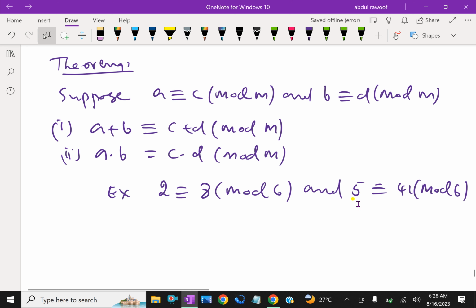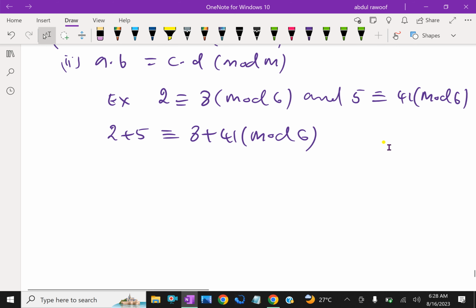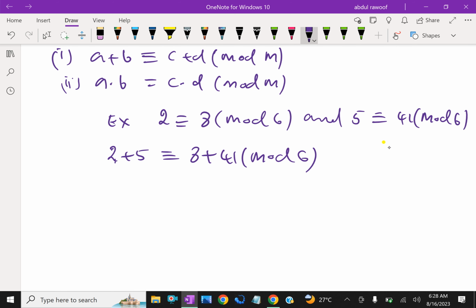Similarly, you can say for the product also, 2 into 5 is congruent to 8 into 41 mod 6.